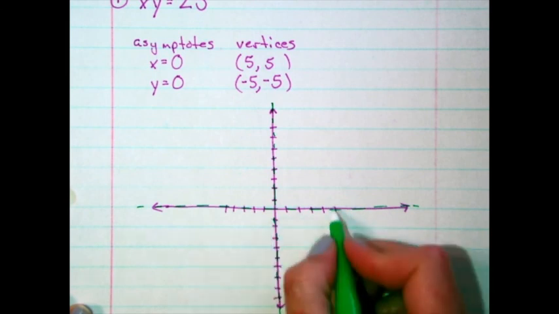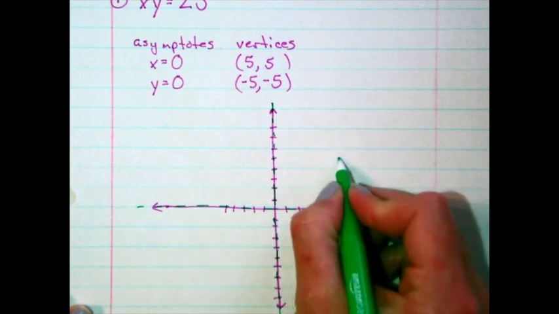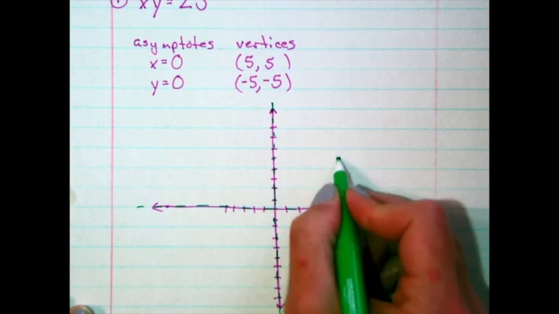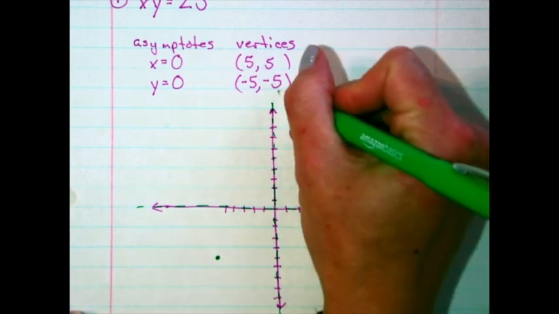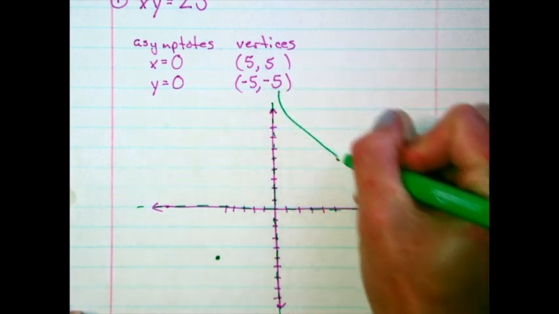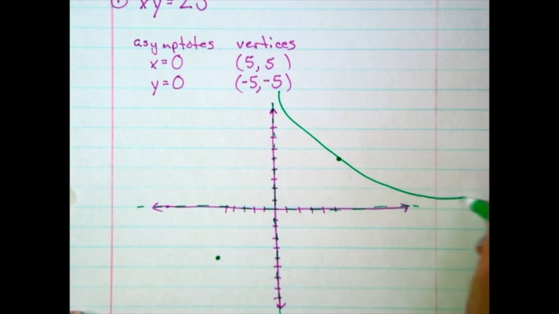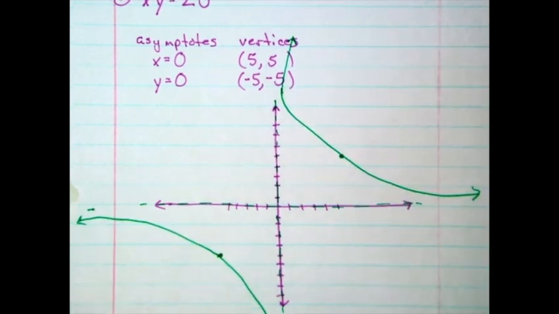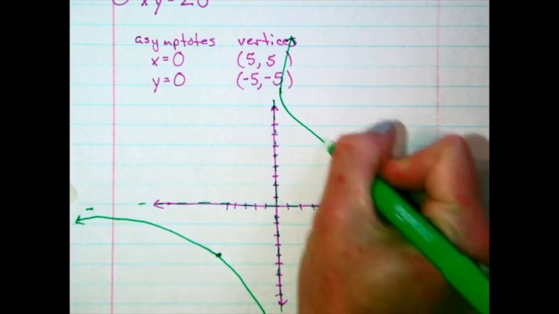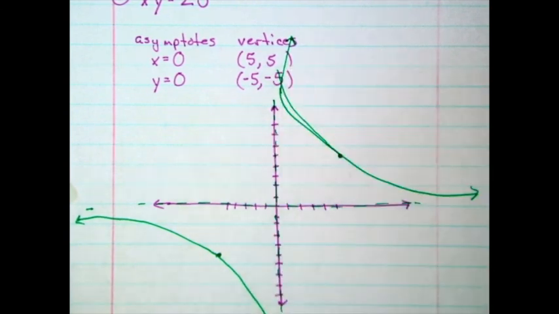Our vertices are at +5, +5, and -5, -5. And these are just going to be really wide hyperbolas. And instead of being vertical, this one's a little sad looking, but instead of being vertical, they're diagonal from each other.